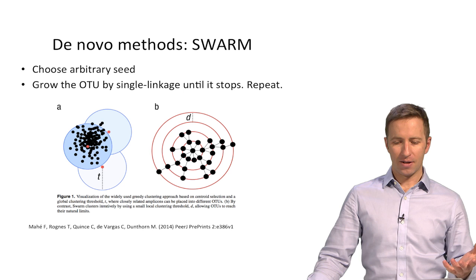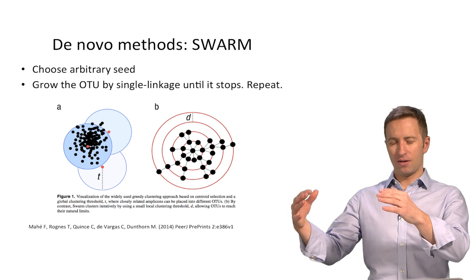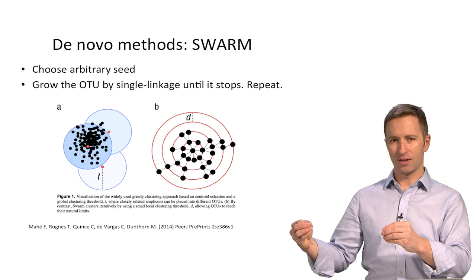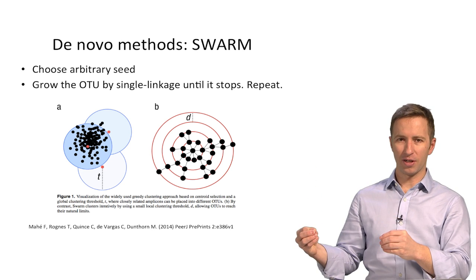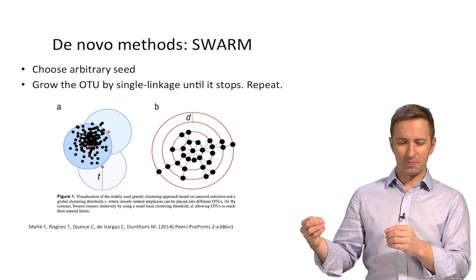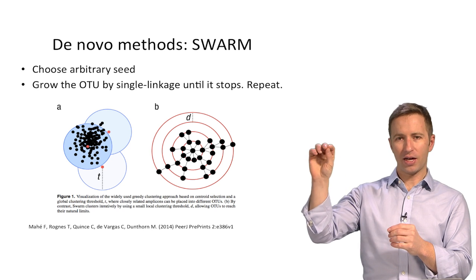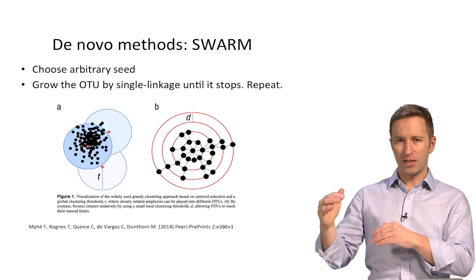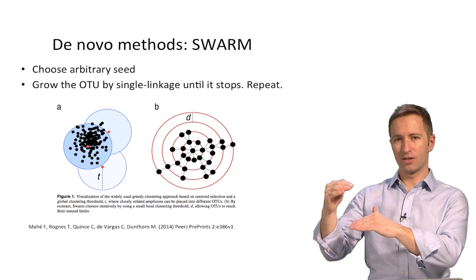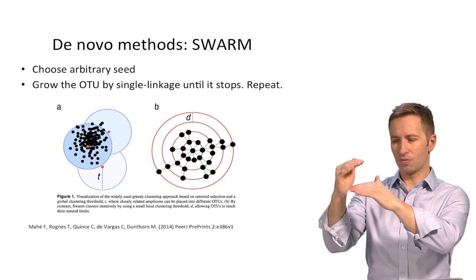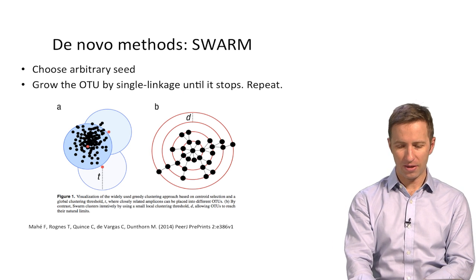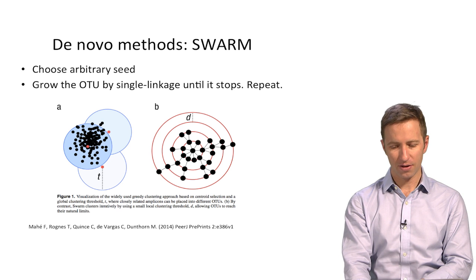But then rather than walking through the rest of the input sequences to find out if they should go in the same cluster or be split off, they check that arbitrary seed against the rest of them, and they take all of the sequences that are within a very small threshold, like say 1 nucleotide difference. And that's the D that you're seeing in this figure.